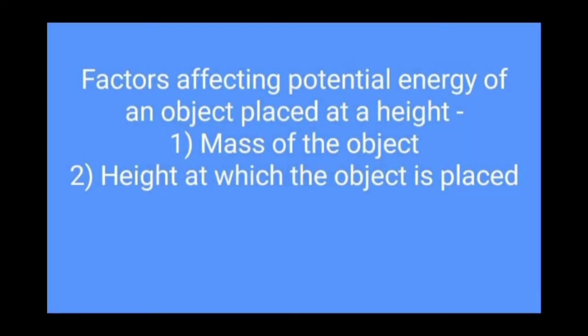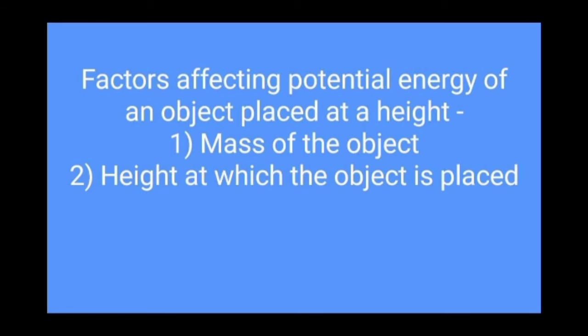Now, potential energy is affected by, first, the mass of the object. If the mass of the object is greater, then more potential energy is stored in that object. The second factor is the height at which the object is placed. If the object is placed at a greater height, it stores more potential energy.